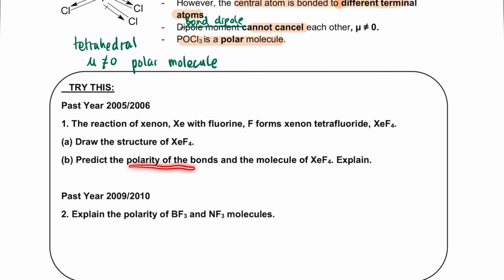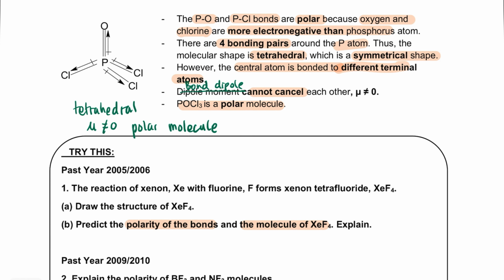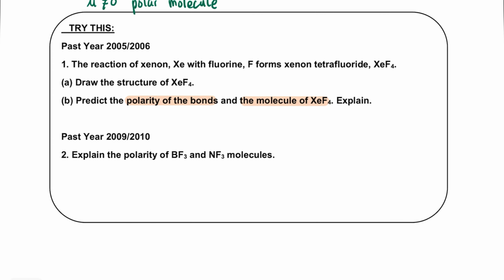Okay, lepas tu predict the polarity of the bond and molecule. Okay, so ada dua benda dia nak polarity of the bond and molecule. Okay, so you should know kalau bond dia polar, tak semestinya molecule dia polar. Okay, so ada keadaan yang bond dia polar but the molecule as a whole dia jadi non-polar. Okay, so you need to explain. Okay, explain ni refer balik kepada dia punya cara explanation atas ni lah. Okay, so done for that one.